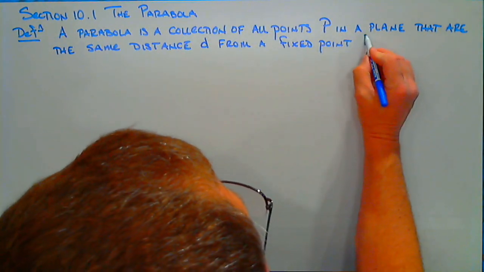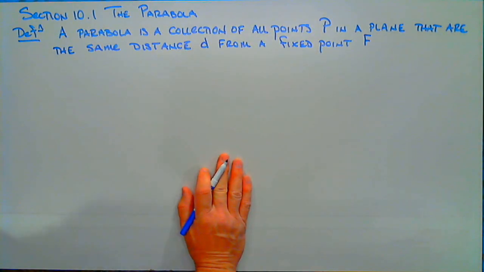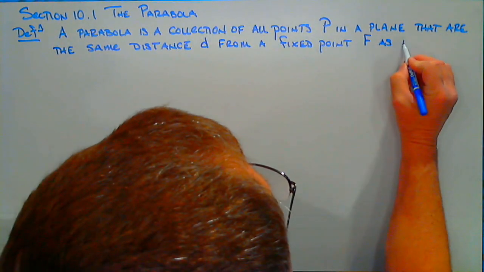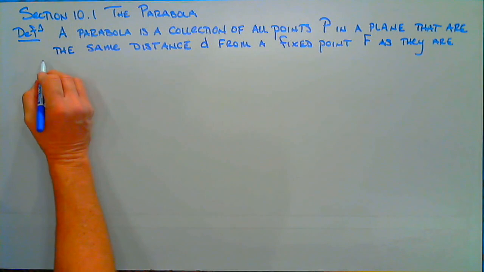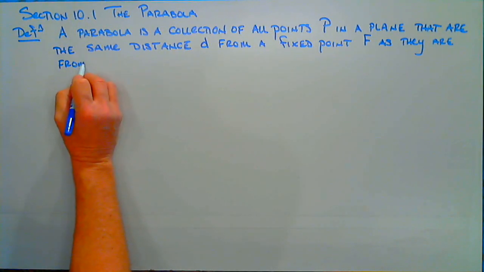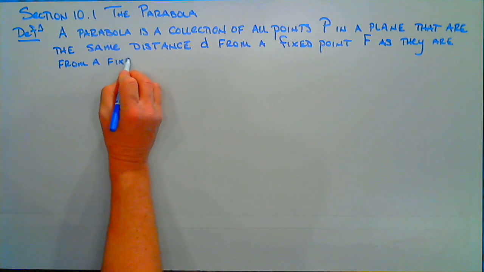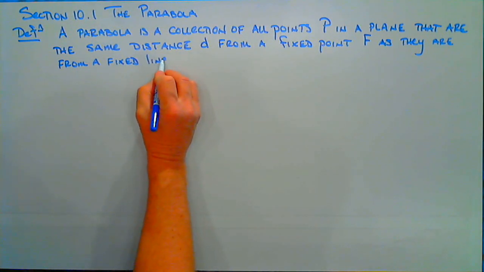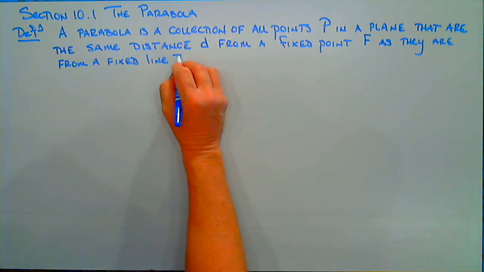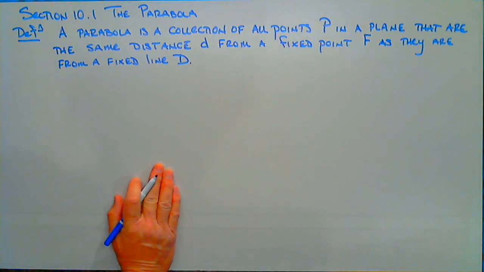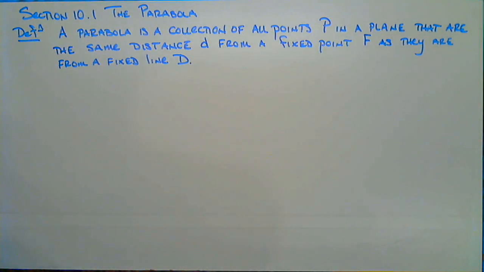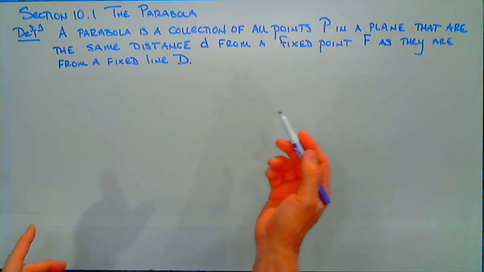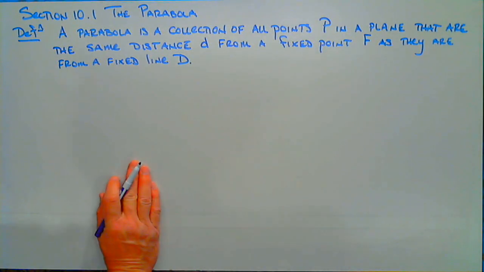Since it's a fixed point, we're going to call that F. As they are from a fixed line, which we're going to call D. Now, these letters D and F, we pick for the following reason. They're the first letters in the name of this fixed point and the first letter in the name of this fixed line.